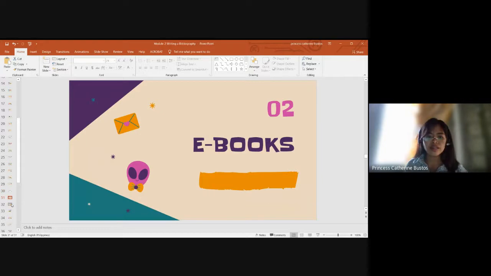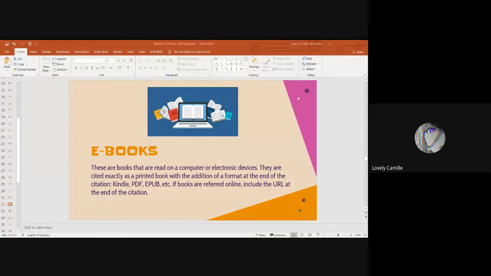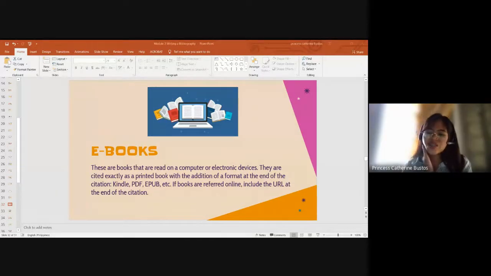Okay, I'll show you later on how to find those one by one. But before that, let's move on to ebooks first. So when we have ebooks, are you fans of reading Wattpad? Yes po. Okay, so you're reading Wattpad. Now, what are ebooks? Ebooks are books that are read on a computer or electronic devices.